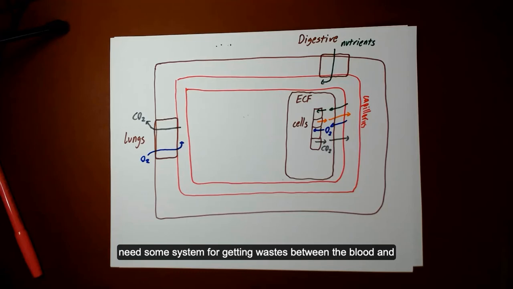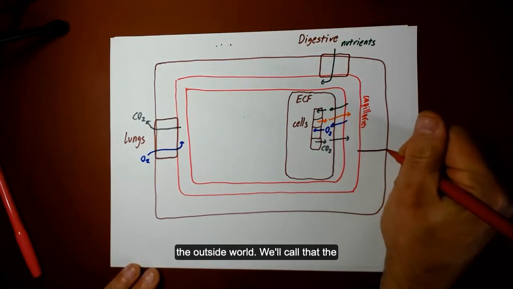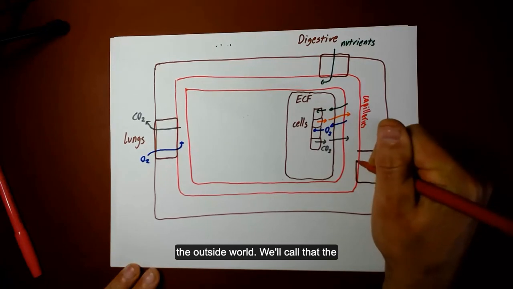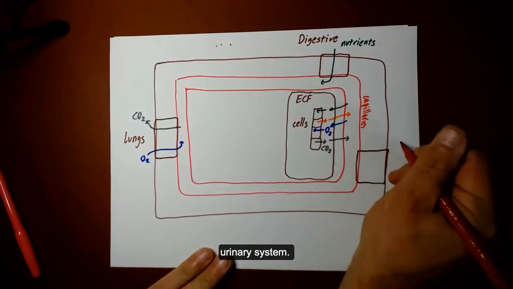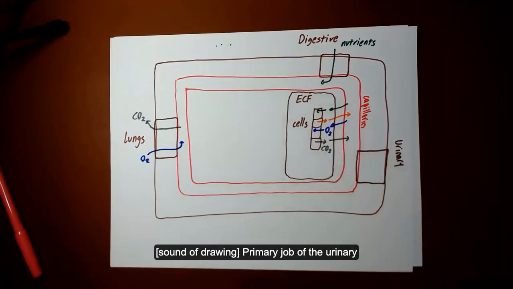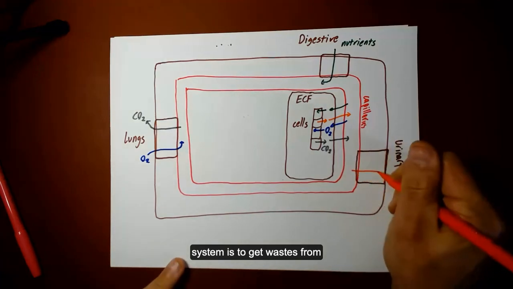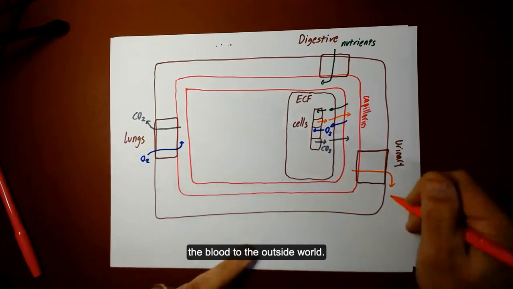And we're also going to need some system for getting wastes between the blood and the outside world. We'll call that the urinary system. Primary job of the urinary system is to get wastes from the blood to the outside world.